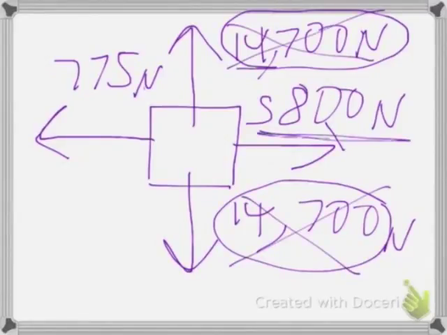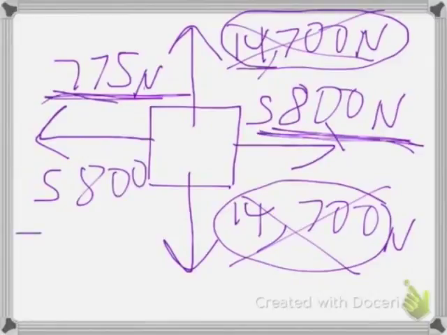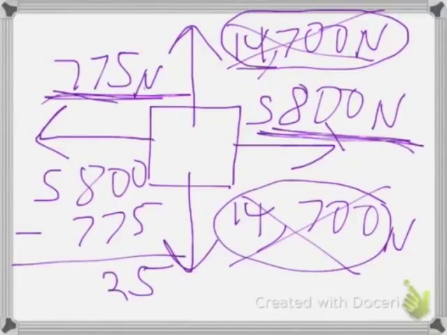Then we've got this force pulling it to the right and this force pulling it to the left, so we're going to subtract those two numbers: 5,800 minus 775. So that's a net force in the forward direction of 5,025 newtons. And that would be our applied force, correct? Yes. Okay. All right.